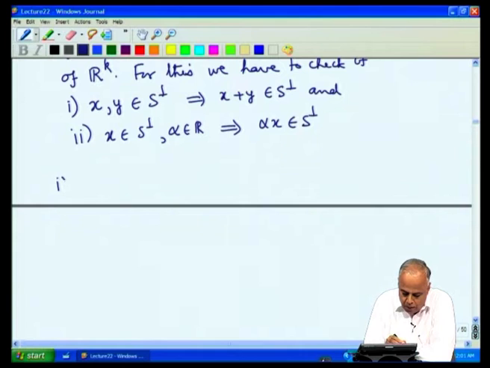So, let us look at one. We are given x, y in S perp.